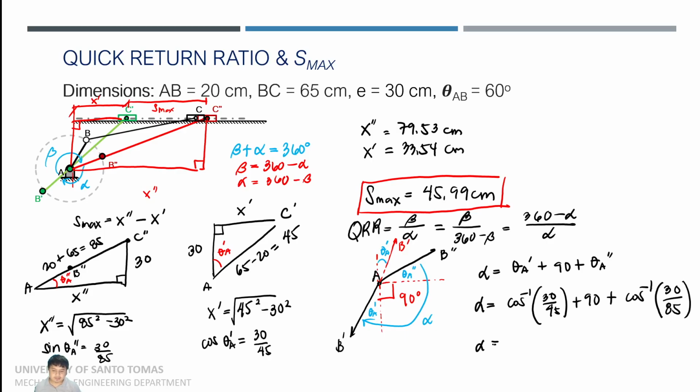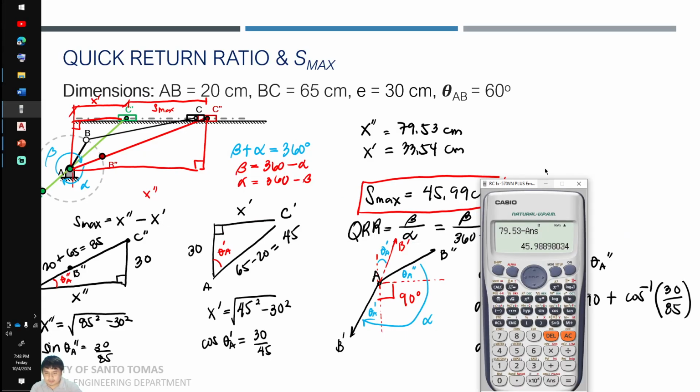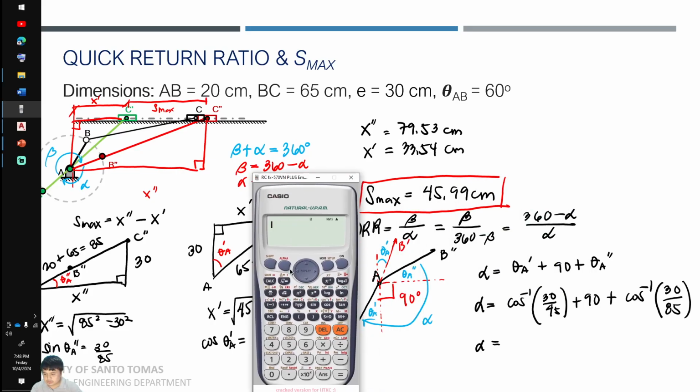Let me solve this one: shift cos 30 over 45, plus 90, plus arc cosine, or inverse cosine, of 30 over 85. So the answer is 207 degrees.